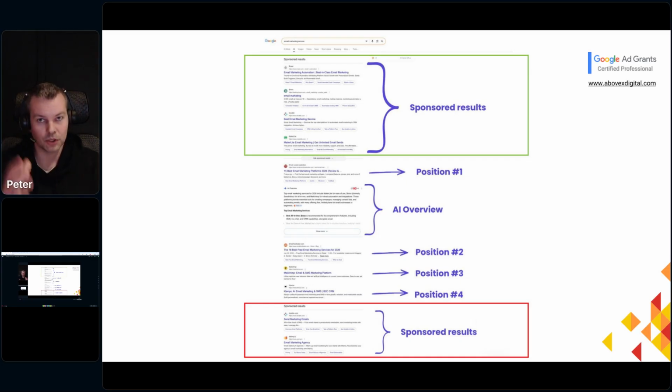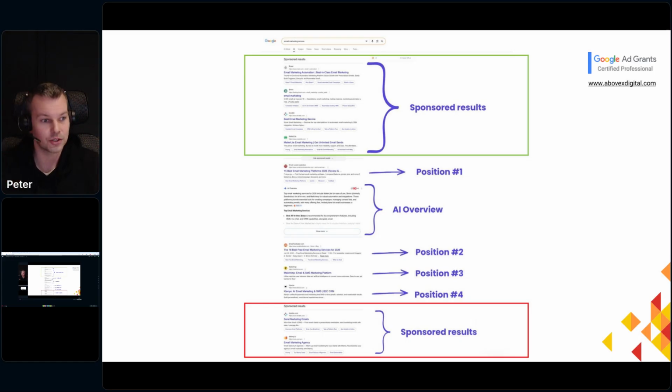So what I'm trying to say is that for Google Ad Grantees, getting into those first positions might be impossible for some keywords, if those keywords are too competitive and there are many commercial advertisers. Even the worst commercial advertiser will take priority over the best grant advertiser. Yes, you can boost your bids and your quality scores, and that way you will be the first one in the grant auction.